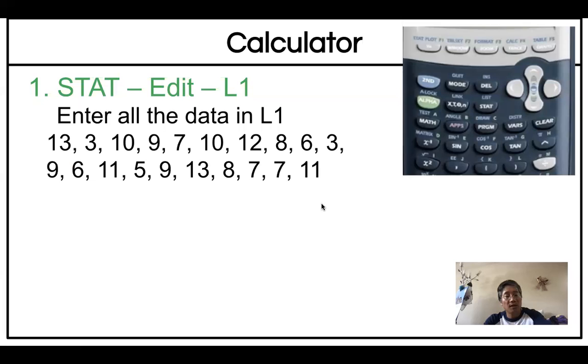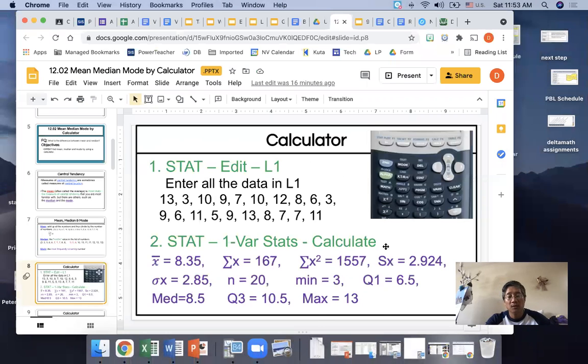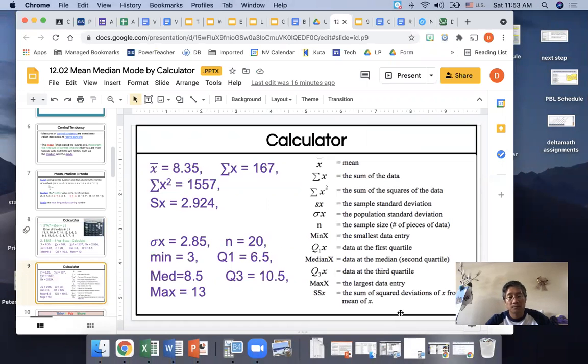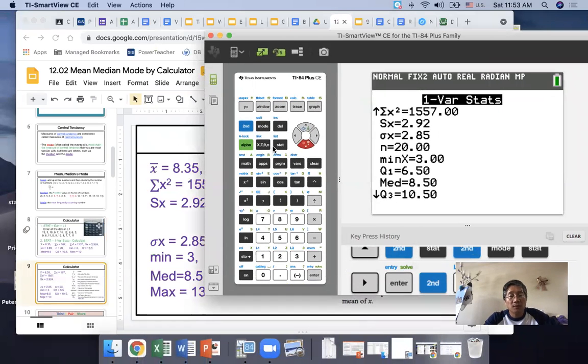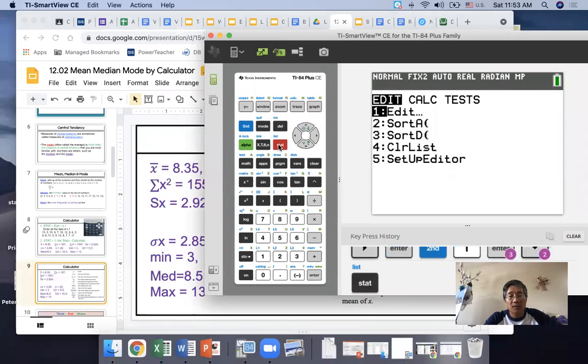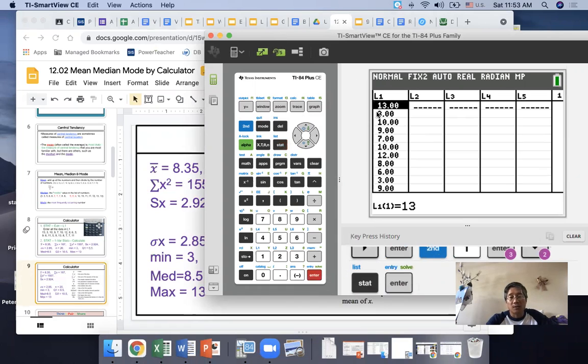So let's try with the actual calculator. Look at this one. You have a calculator. You press the stat button here. If you click it, your screen will be like this. Here, you click edit, first option, and enter.